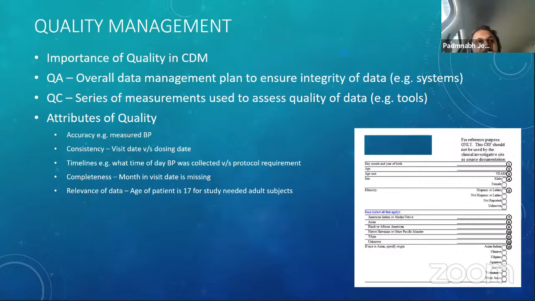From a data management point of view, the data management plan becomes the Bible for us for referencing anything and everything, if there is any doubt about what steps I have to encompass to ensure the data is clean and further sent for analysis. The protocol becomes the Bible for the entire clinical research team.